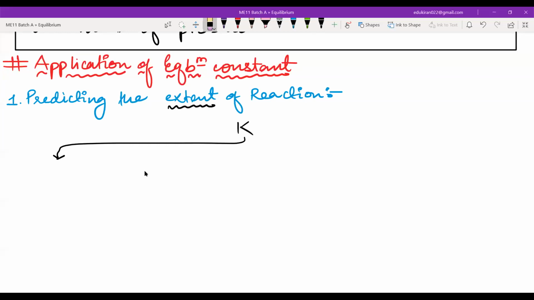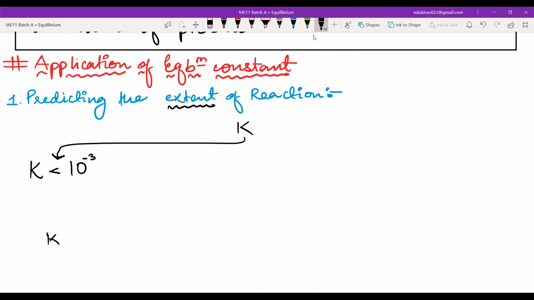Wait a second, let me stop sharing this screen and reshare it. So if K is less than 10 to the power minus 3.